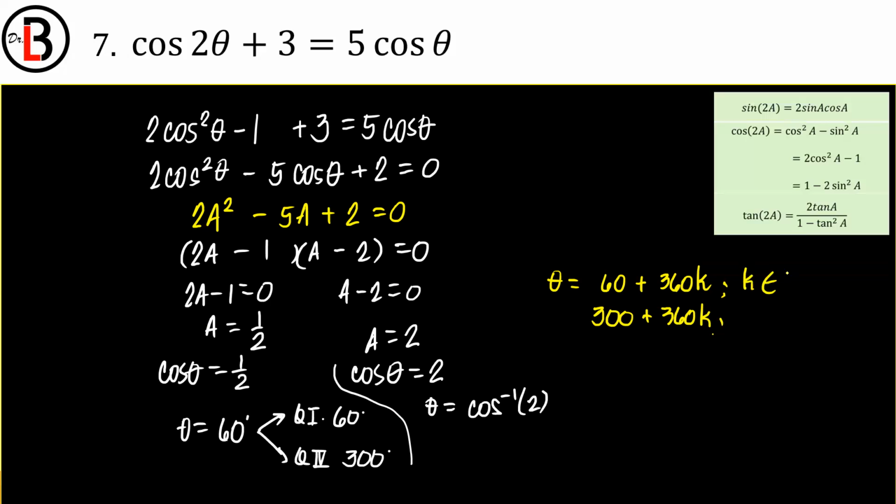Here, k is an element of the integers. So this is the general solution: 300 degrees and 60 degrees and their revolutions. So I hope you understand this. This other one will not give us any answer. This one is just null.